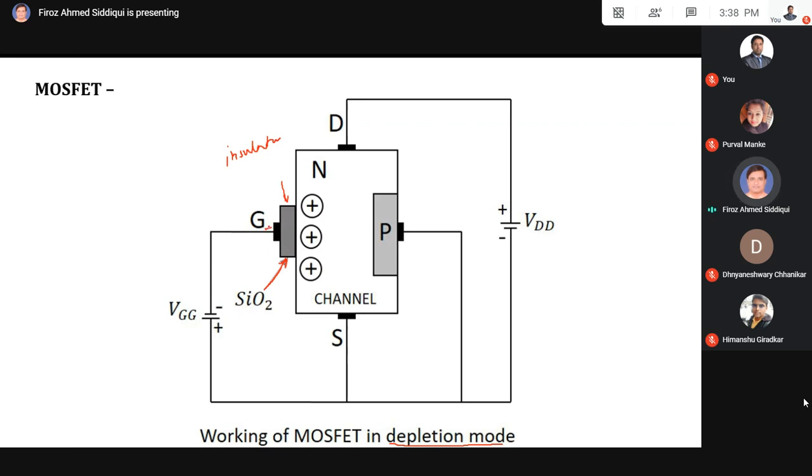Here you are applying negative voltage, here there is some voltage, and in between there is an insulator. There are 2 plates and there is an insulation between them, a capacitor. A capacitor is also like this: two plates with an insulator between them. So this SiO2, that is silicon dioxide, will act like an insulator.